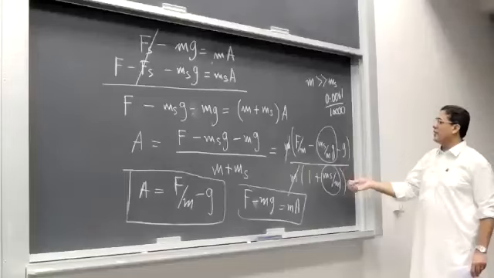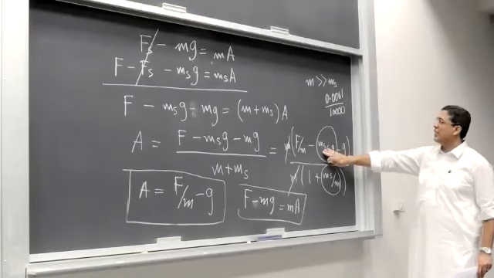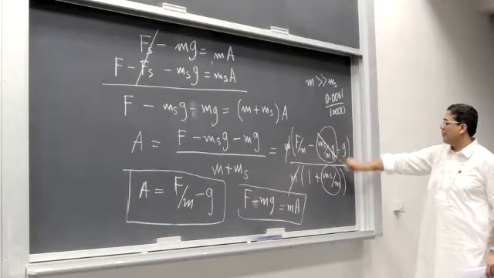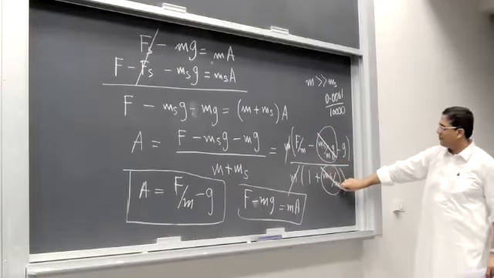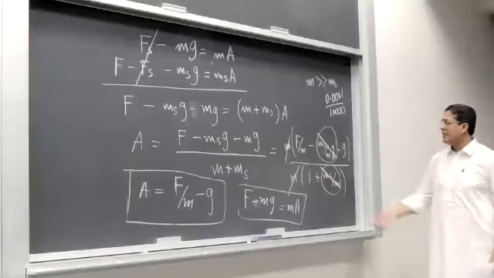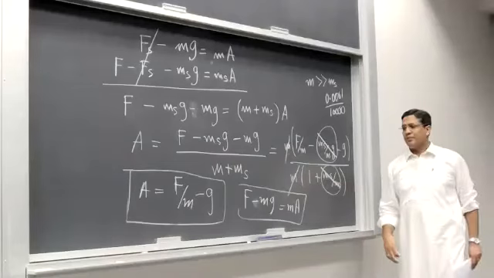Very close to 0, an even smaller number. So that's why I'm saying these terms we can ignore. They're insignificant, so just ignore this term and also this term. The rest of the equation is written there: a is equal to F over m minus g.